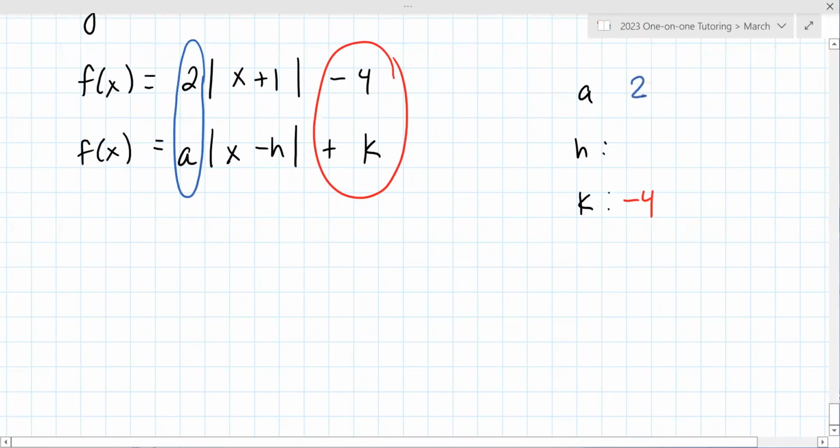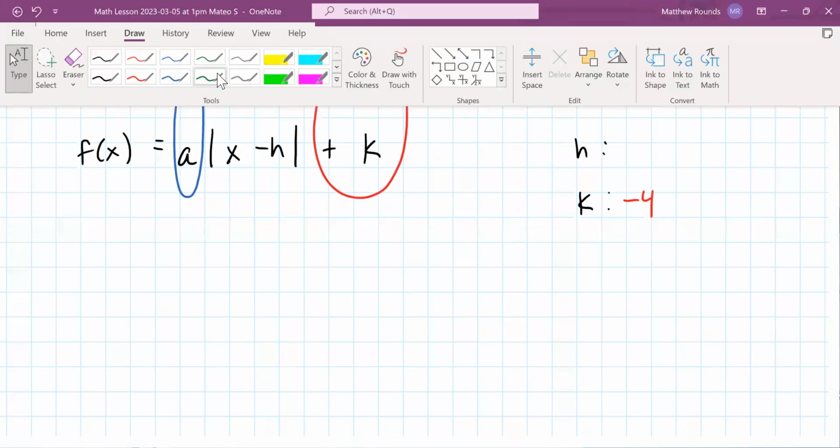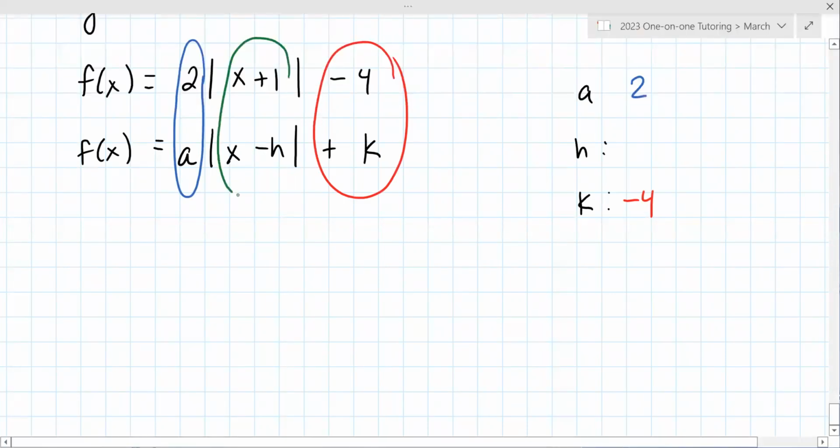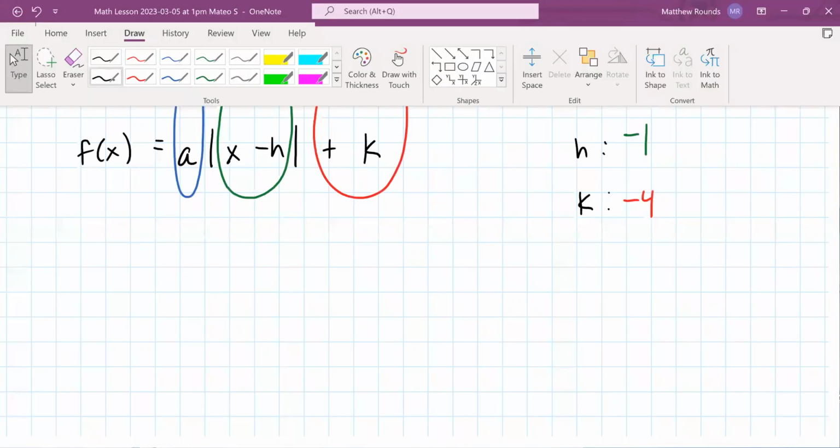Here, a is 2. h is the most difficult one for students to remember because it is not the value that's there, it's the opposite of that value. So -1.